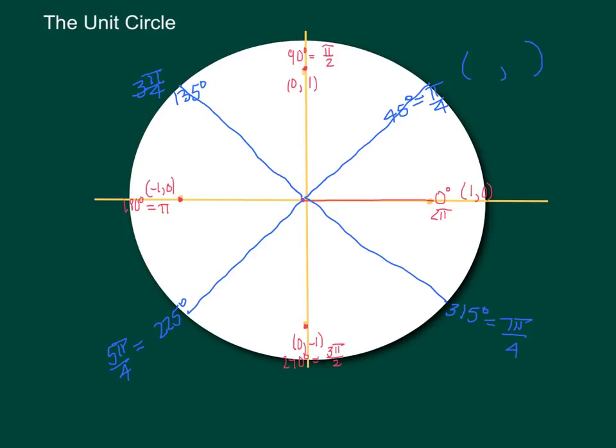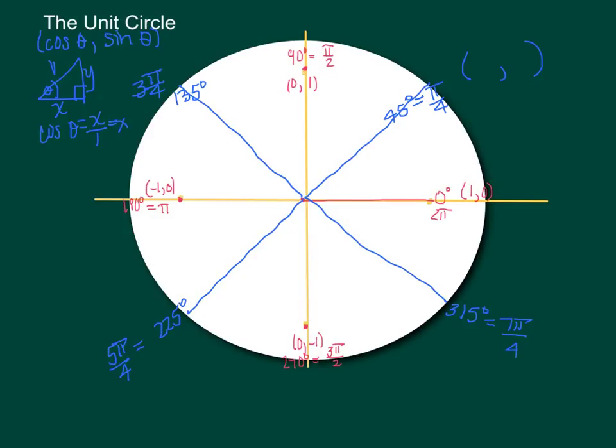The x coordinate is always cosine, and I'll put it right here in the corner so you'll remember. And the y coordinate is always sine. And the reason being is because our hypotenuse is 1 unit long. So if this is x and this is y, when we do cosine, we always do adjacent over hypotenuse, which would just be x.